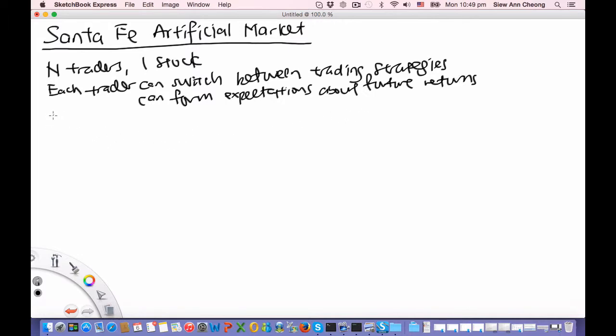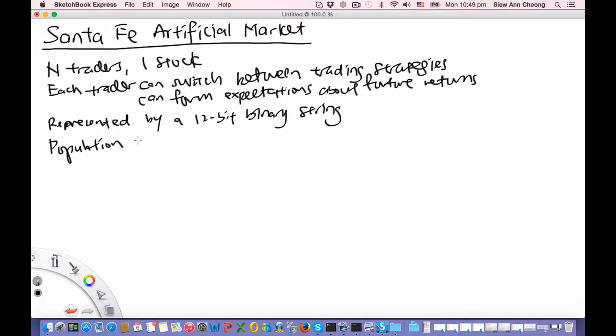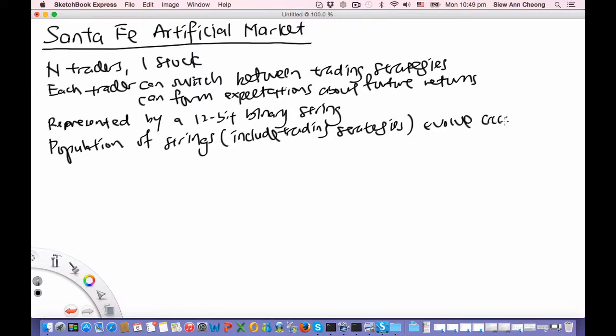In the Santa Fe Artificial Market, each trader is represented by a 12-bit binary string. The population of strings, which would of course include trading strategies, then evolve according to the genetic algorithm.